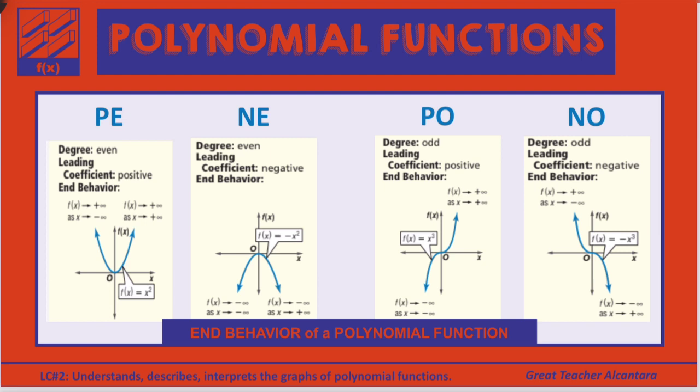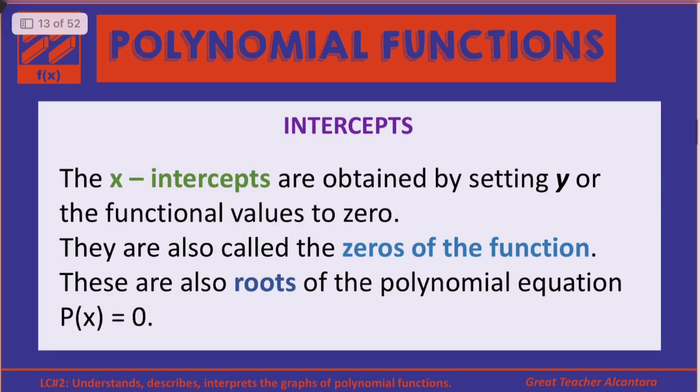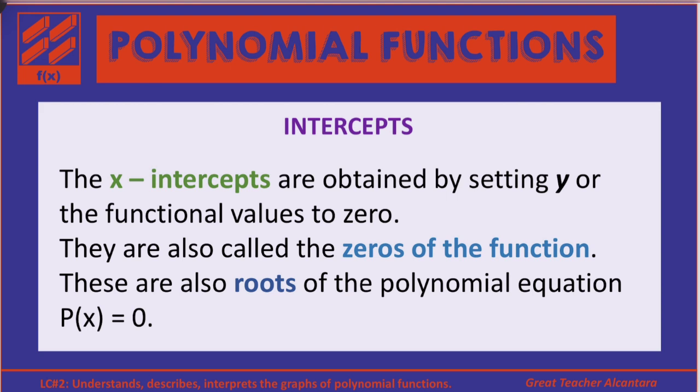To continue, let's go to the most important part of this discussion, which is about the intercepts. We're going to focus on the x-intercepts in particular, and basically this one is what we can relate to from our previous concepts, which are the rational root theorem, remainder, and factor theorem.